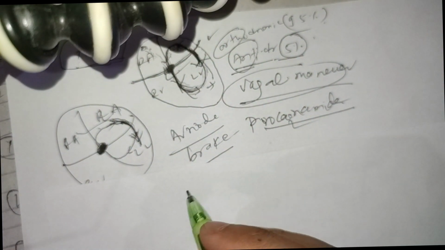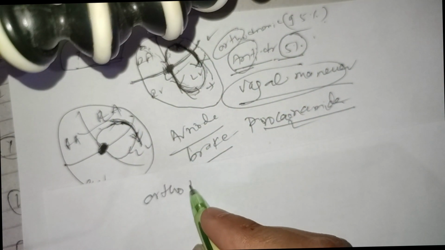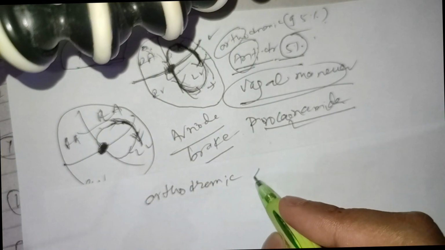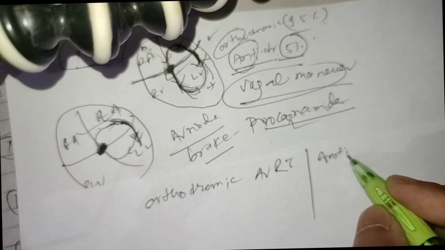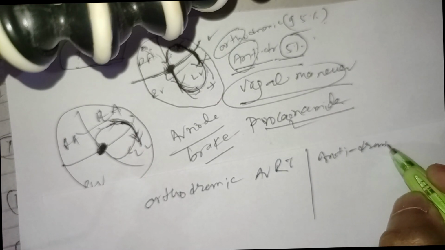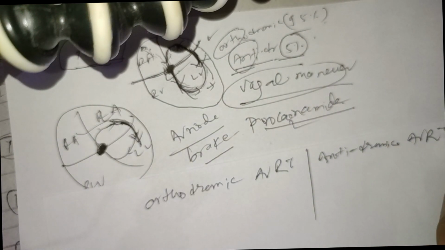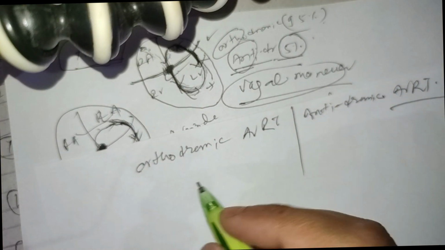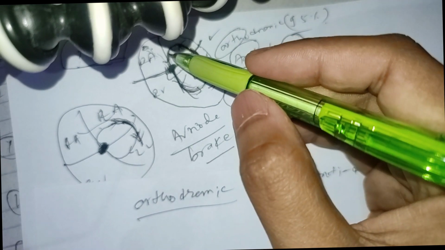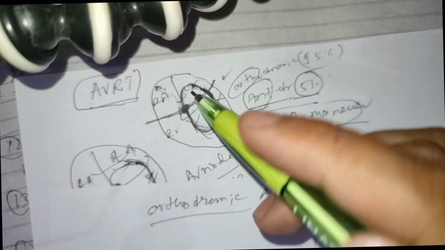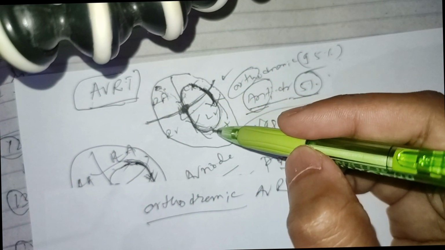So how do you differentiate whether this is orthodromic or antidromic AV reciprocating tachycardia with ECG? Here you can see in orthodromic, conduction is occurring through the normal conductive tissue.